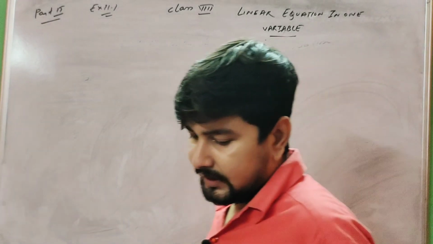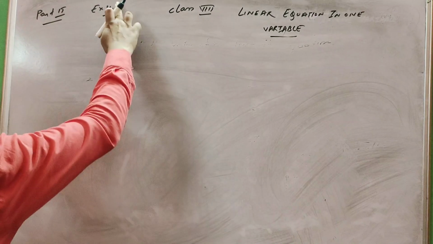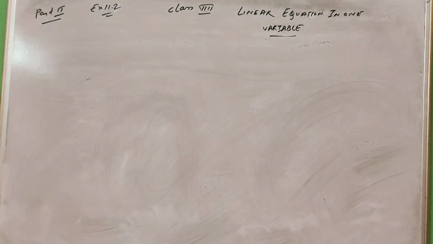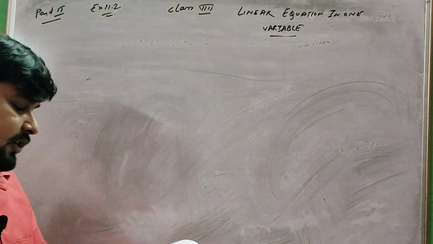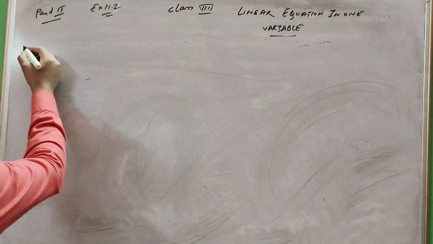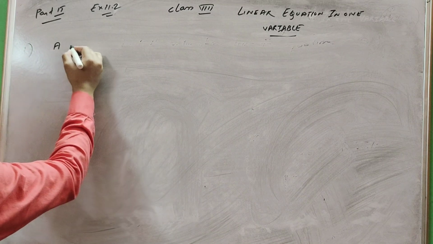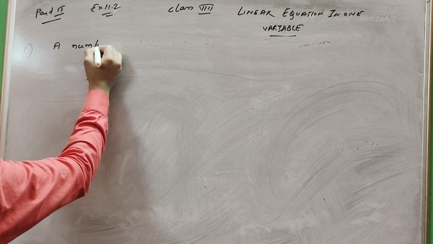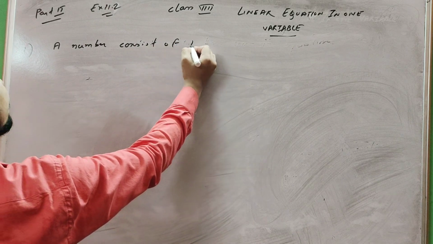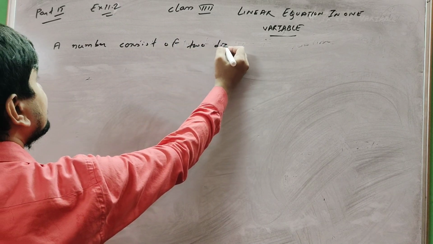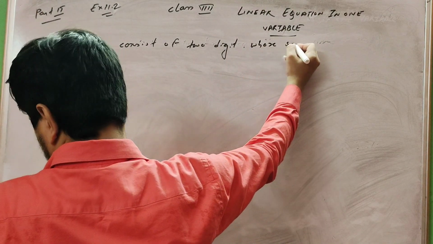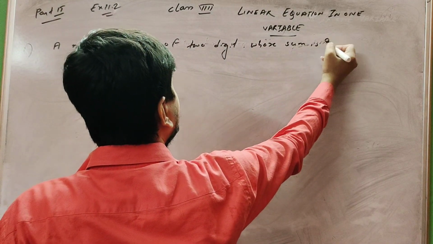Now it's time for exercise 11.2. The first question from this exercise is actually application based. A number consists of 2 digits whose sum is 9.